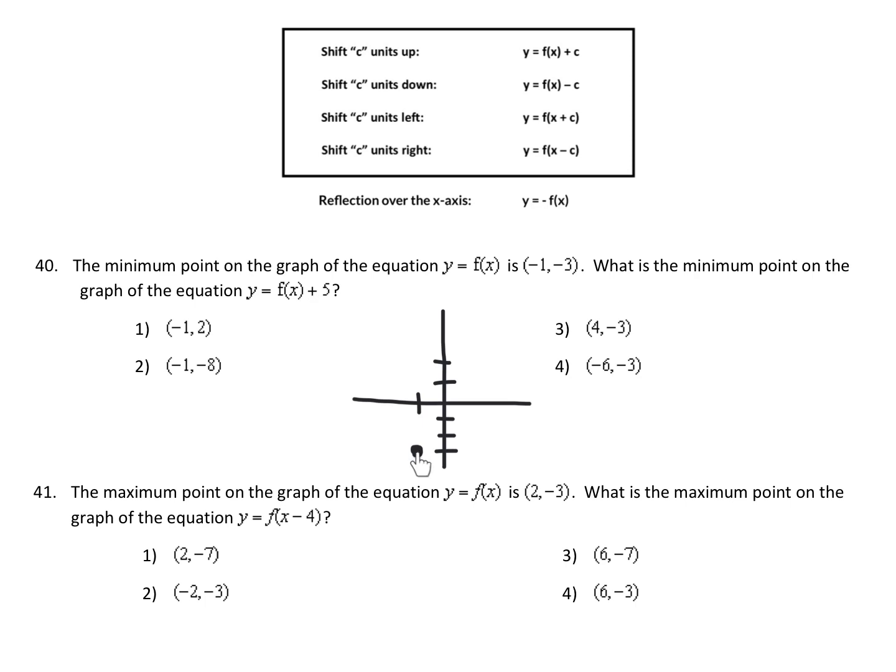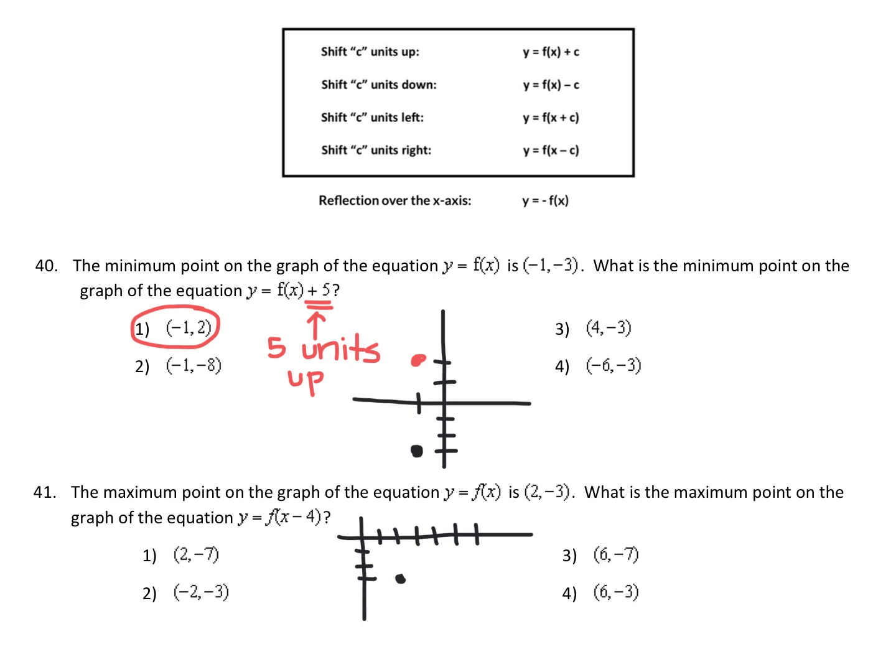So if we take this minimum point and move it up 1, 2, 3, 4, 5 units, let me put a point right there, we wind up right here. The coordinates at that point are (-1, 2). So choice 1 will be the answer. We're just going 5 units up.